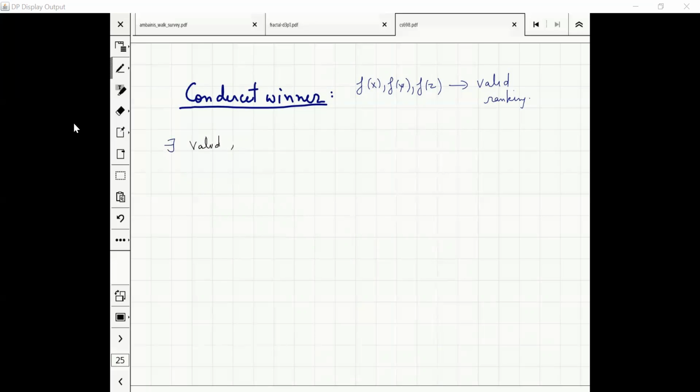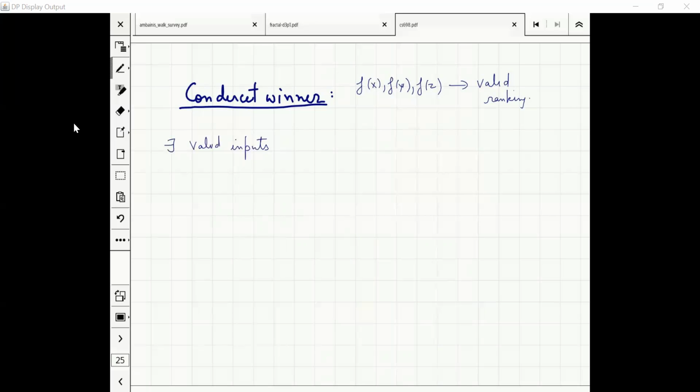Can you repeat what was the Condorcet winner? So we say that there is a Condorcet winner if for certain inputs x, y, z, fx, fy, fz give rise to valid ranks. That means they are not 1, 1, 1 or -1, -1, -1. If for some input there is a Condorcet winner, we say that for that input, f will give a Condorcet winner.